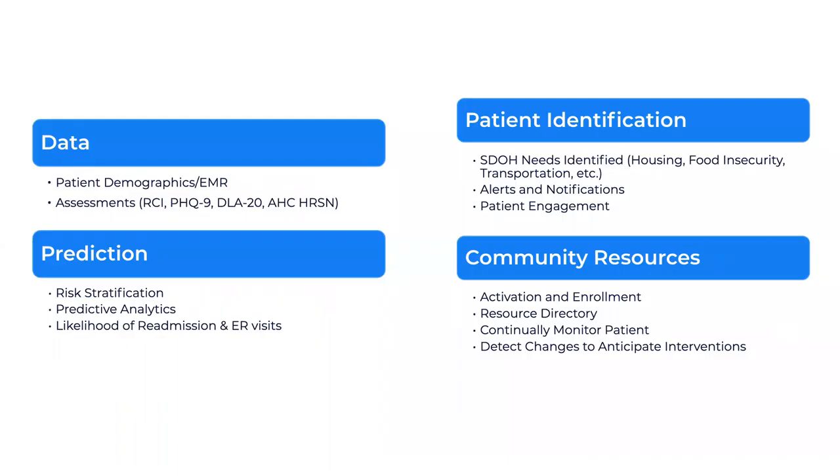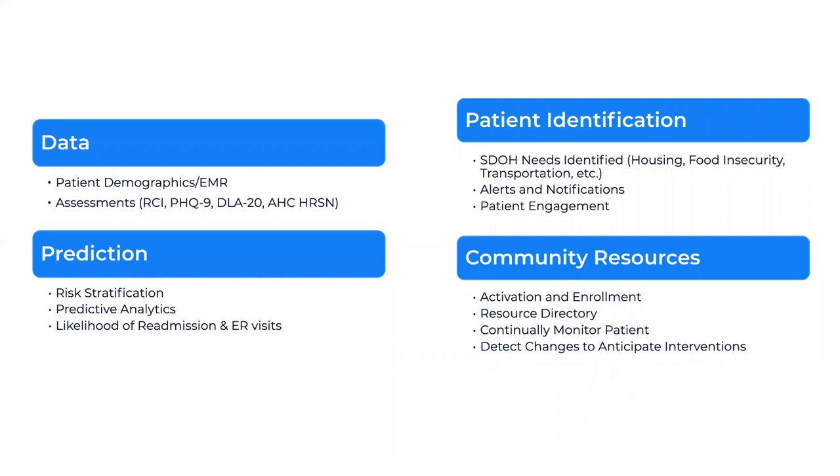When we're looking at the SDOH needs, it all starts with the data, right? Data flow. So there's patient demographic information that could come from your EMR. We can integrate those data sources. We have assessments built into the Compass SDOH platform. So the RCI, PHQ-9, DLA-20s, those types.